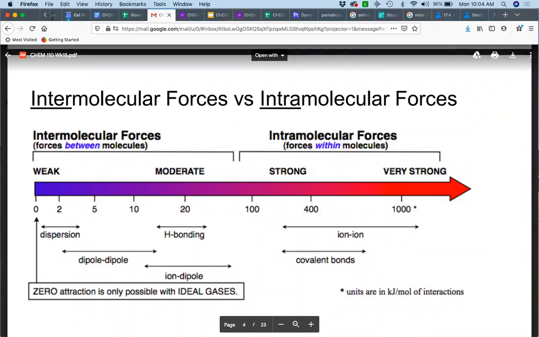That's going to be really important as we go forward because you're going to be asked to do something with your knowledge of intermolecular forces, and you'll be asked to differentiate between ionic bonds and covalent bonds based on your knowledge of intramolecular forces.